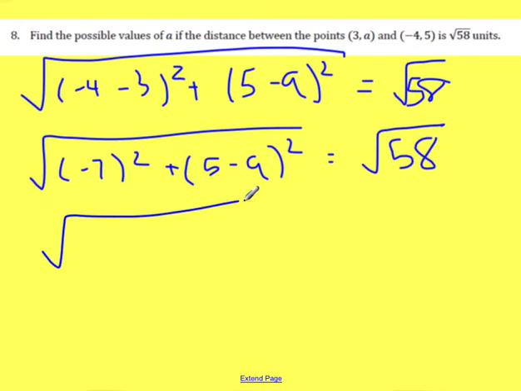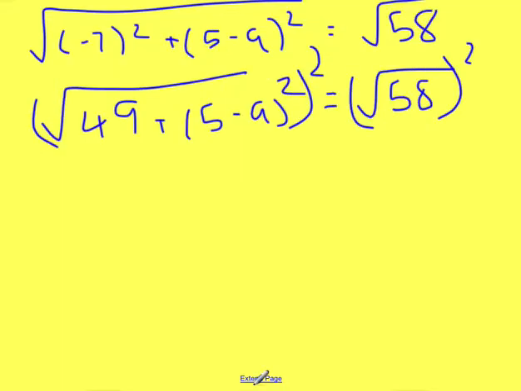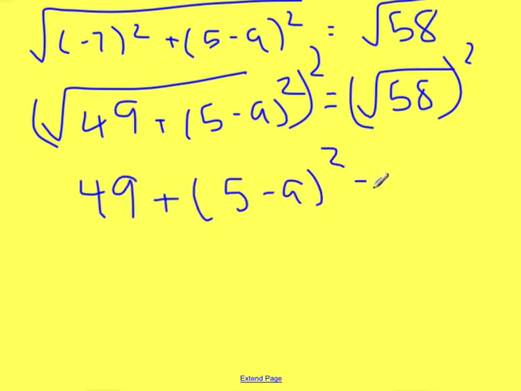So then I get the square root of 49 plus 5 minus a quantity squared is equal to the square root of 58. So now I'm going to square both sides to undo that square root. So left over here I have 49 plus 5 minus a quantity squared. And when you take the square of a square root, you're just left with the number that's there.